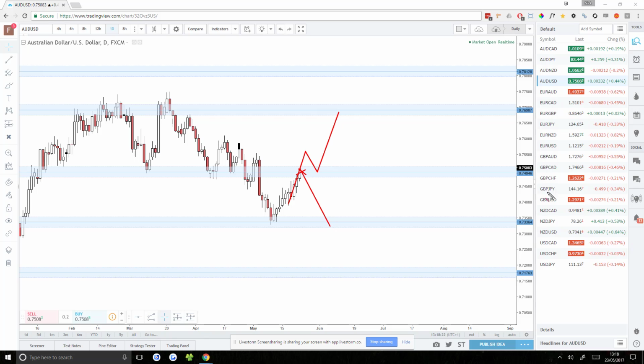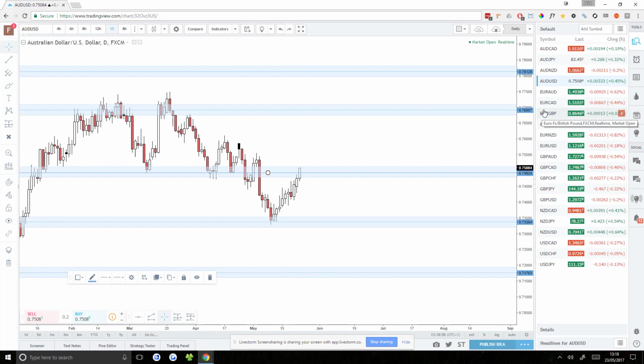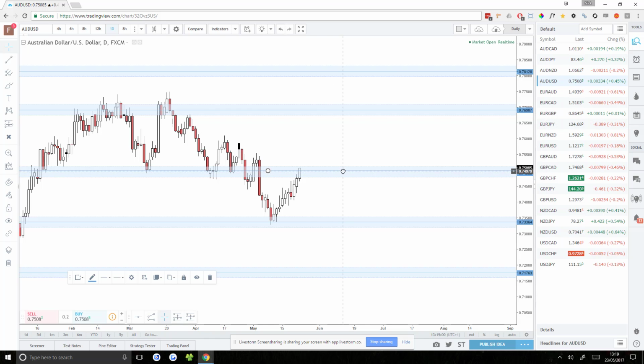This is 0.7500, or right now it's 0.7494, but it's pretty much the cycle level here. It's a cycle level, the 0.7500. It's a major cycle level. This is a strong area of support and resistance.